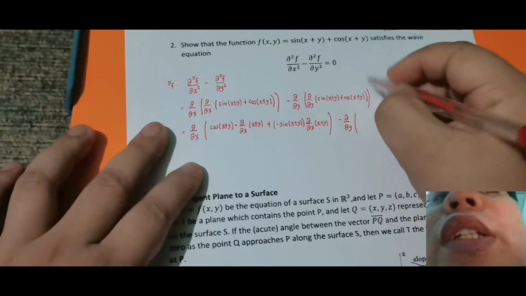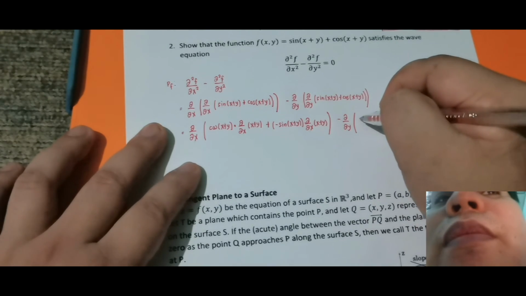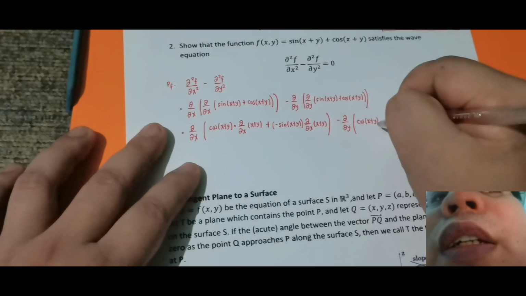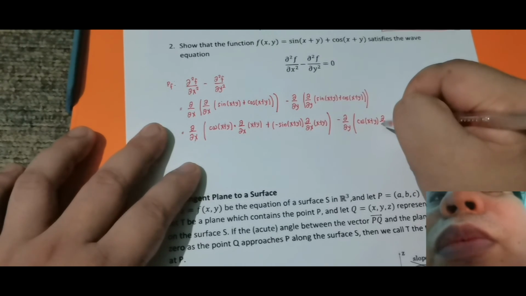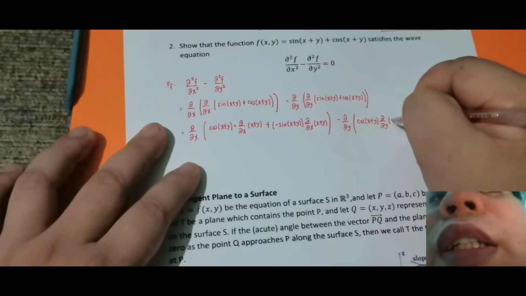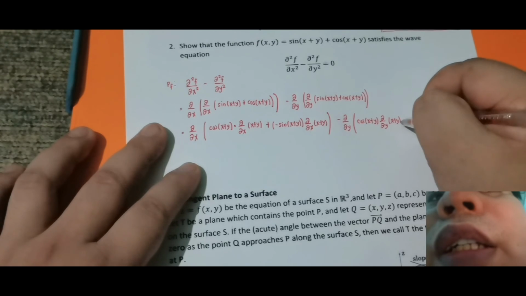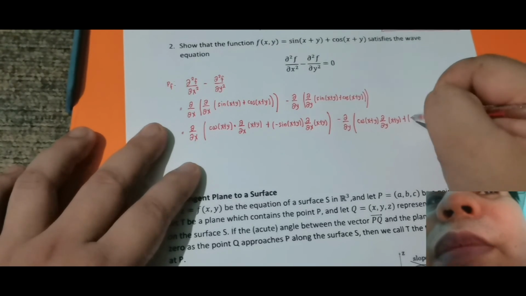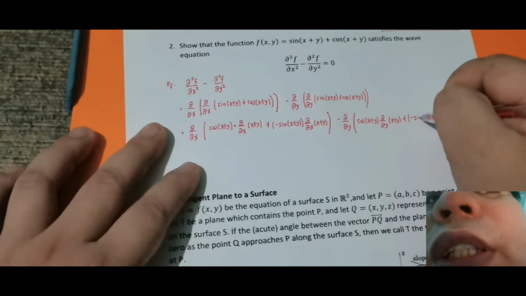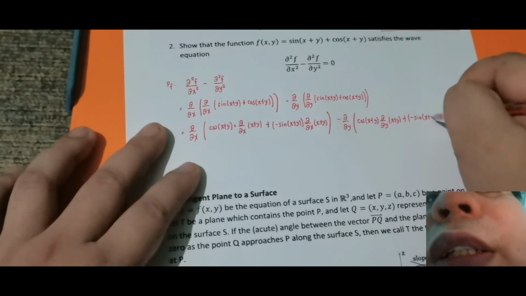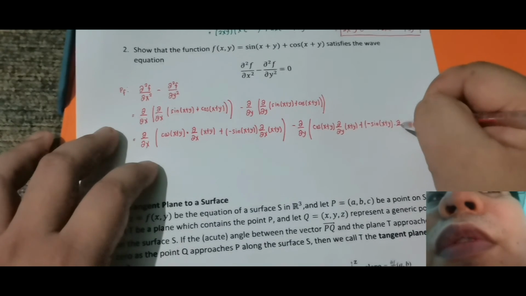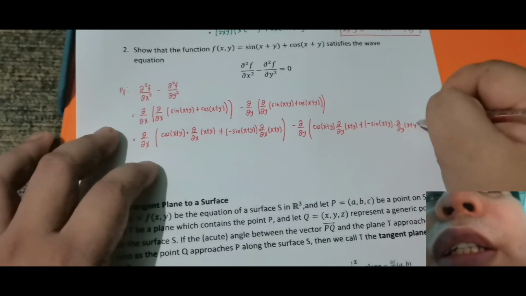So similar case, magiging cosine of x plus y multiplied by partial derivative with respect sa y nung x plus y. Then derivative na to is just plus negative of sine x plus y times partial derivative with respect sa y nung x plus y.